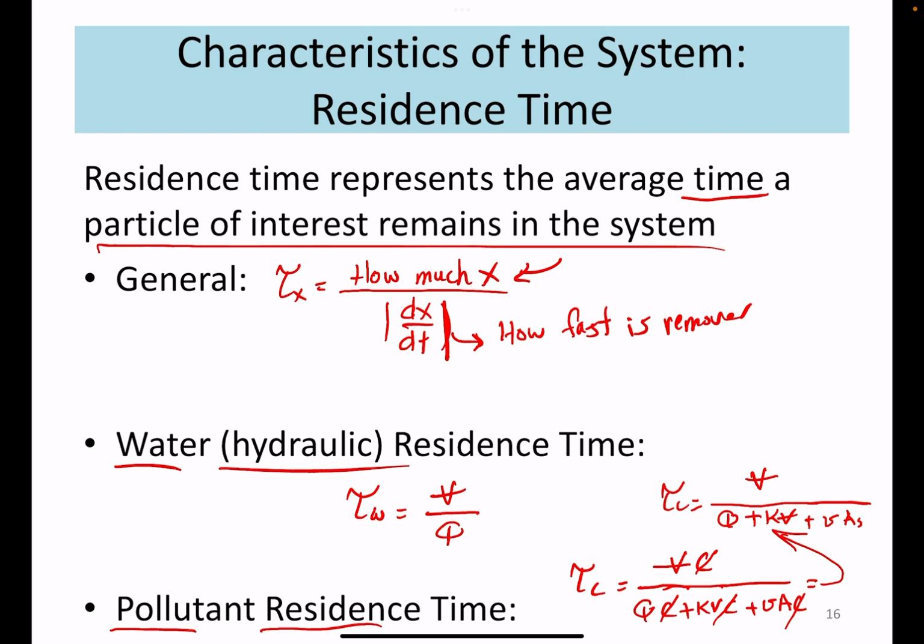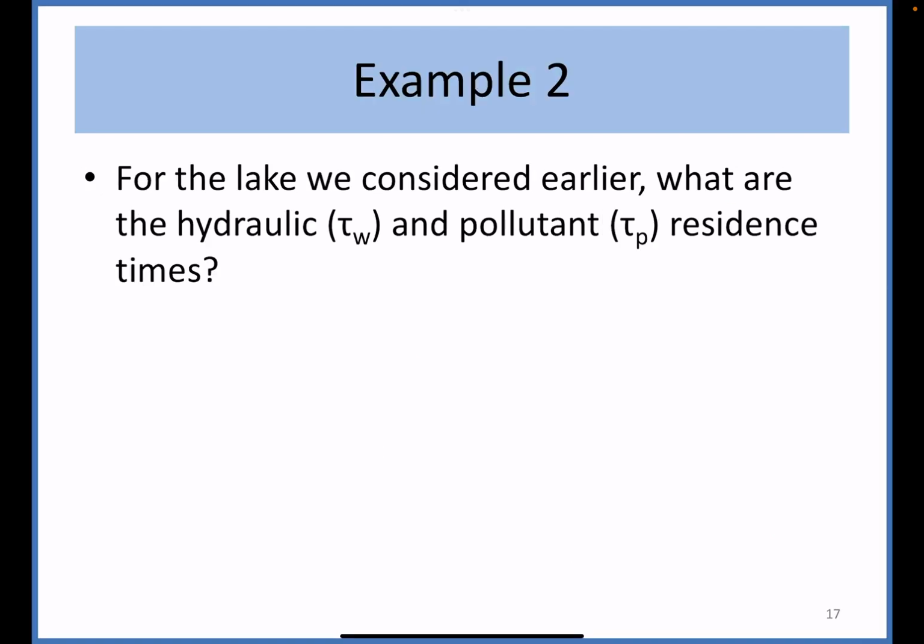Okay, now let's give you another example. For the lake we considered earlier, what is the hydraulic residence time? What is the pollutant residence time? Let's put the hydraulic residence time T, for the water hydraulics, it's volume over Q, and the volume is equal to 40,000.